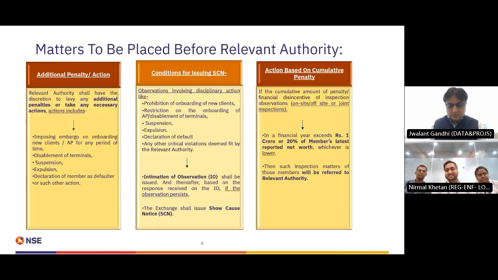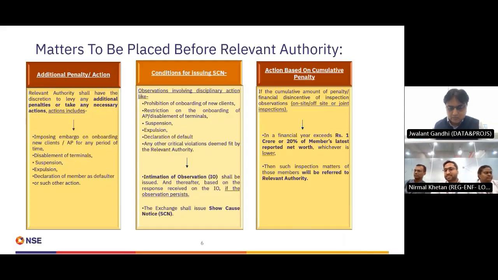The process we follow is firstly an intimation of observation is shared by the inspection team with the trading members. On that basis, the inspection team will first see the reply to the intimation of observation, and if they still feel that the observations persist, the exchange will issue a show cause notice. For this, we'll cover some portion in the next slide also.